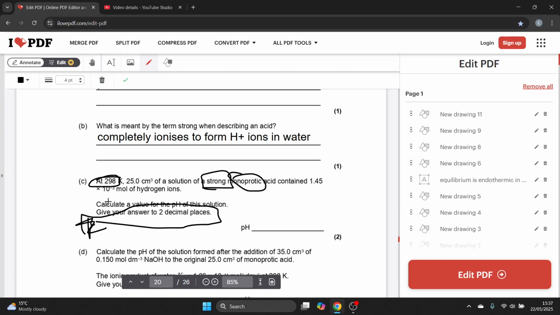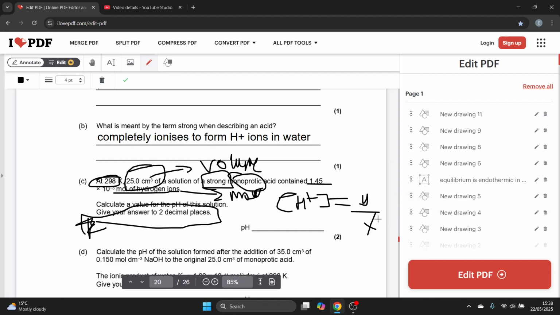Okay, I see where I went wrong. I don't know why I didn't see that. Okay, no worries. This is the number of moles. This is the volume. I don't care about that though. I want the concentration of hydrogen ions. So the concentration is the moles, which is this number, which I'm going to say y, over 25 centimeters cubed, which I'm going to say x.